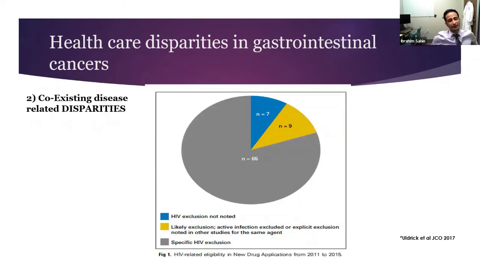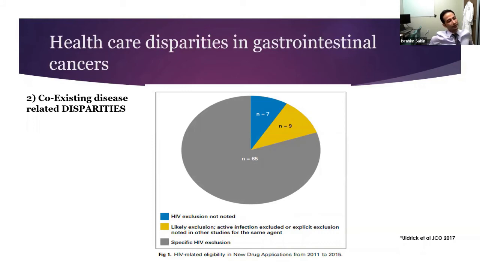So the problem is not only related to the healthcare system, but also partially due to our judgments as physicians too. Someone may ask why. Here is one publication by Aldrich et al., JCO 2017. Look at this figure demonstrating clinical trials enrolling patients who have HIV.